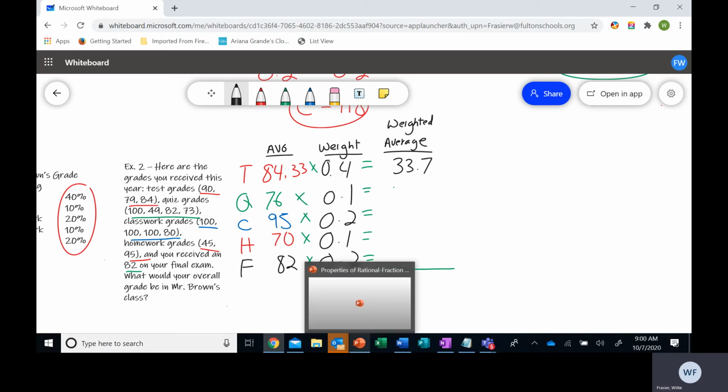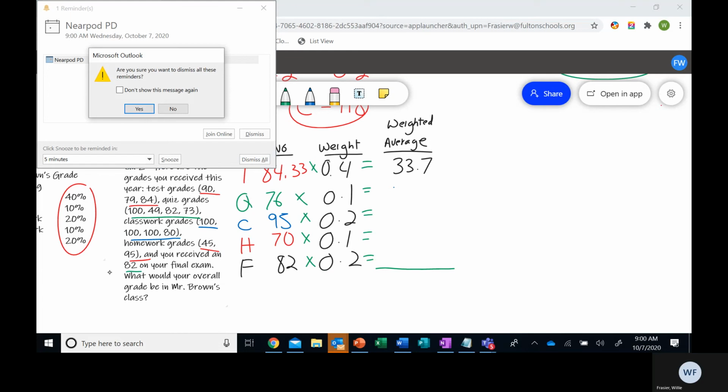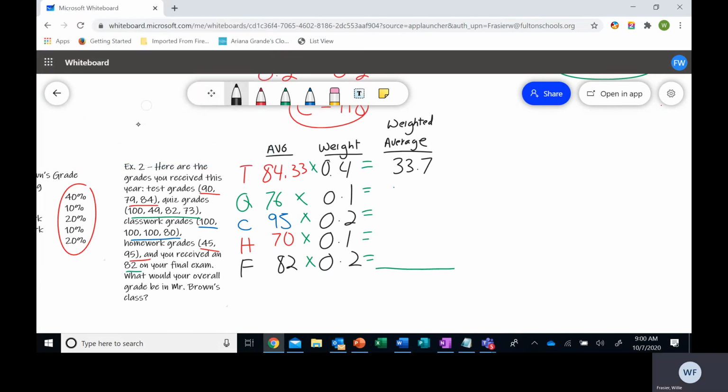Let's make it 33.7. Then we got 76 times 0.1, that's 7.6.